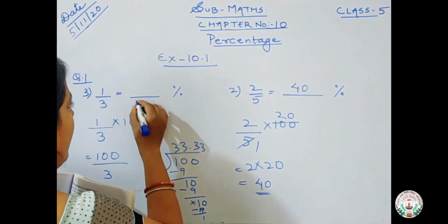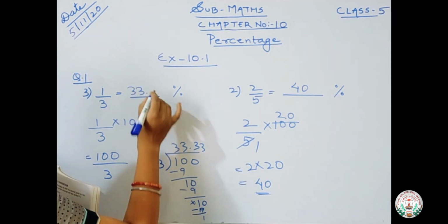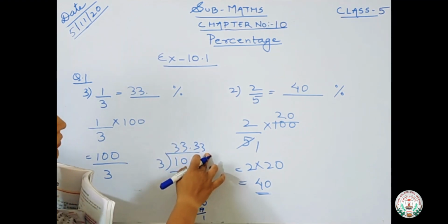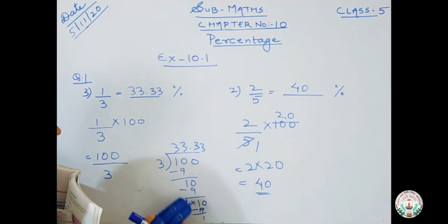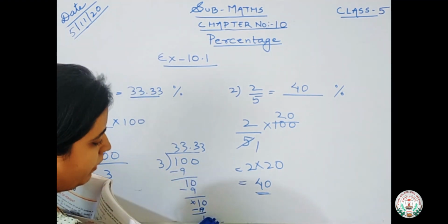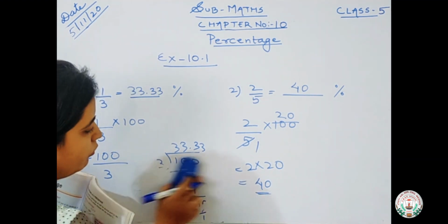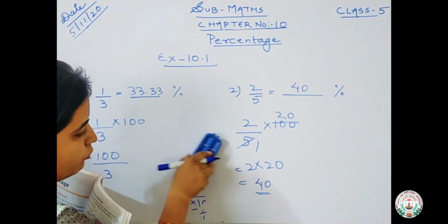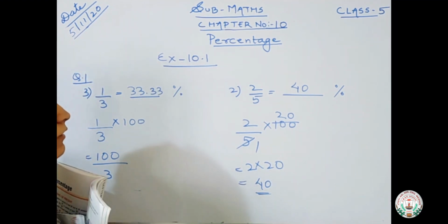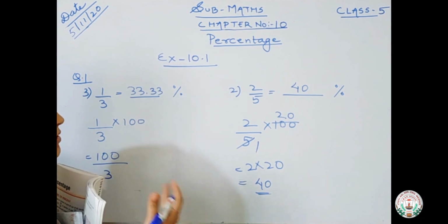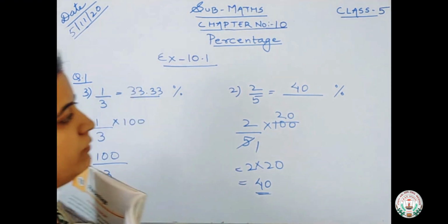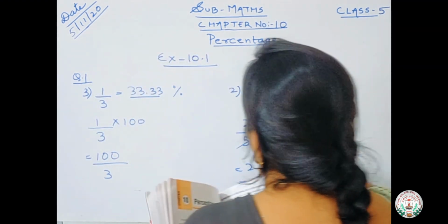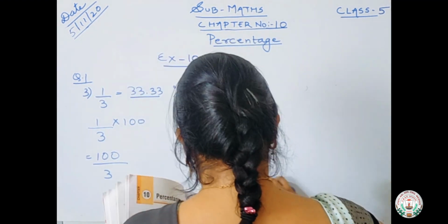We will take it as 33 point, up to 2 places of decimal, 3, 3, because it will not be divisible. 3 will be repeated many times, so we take only 2 places of decimal: 33.33.